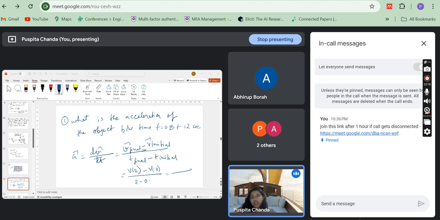How do you suggest Kleppner, Kolenkow, as well as Morin's mechanics books? That is also fine. Kleppner and Kolenkow, if you can do that, that will be great.